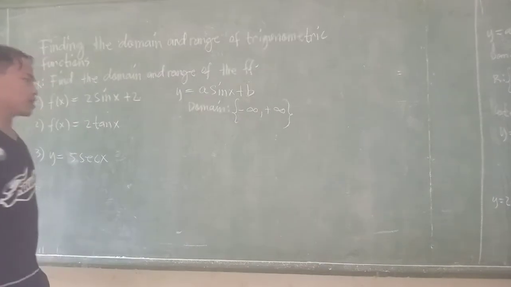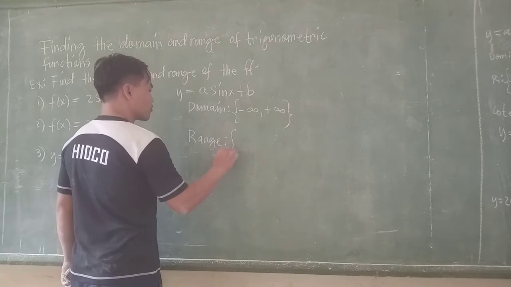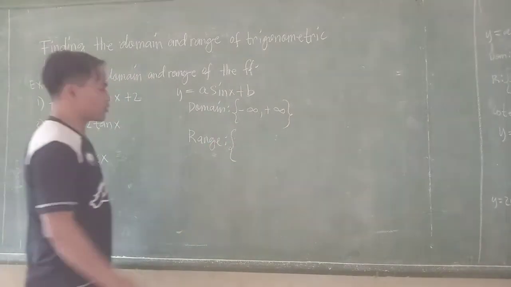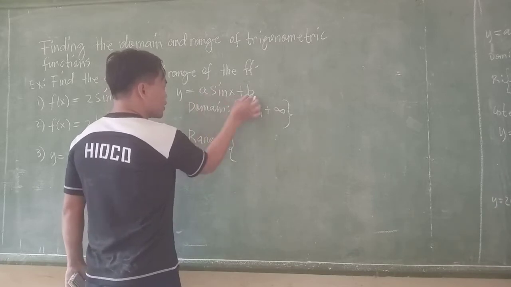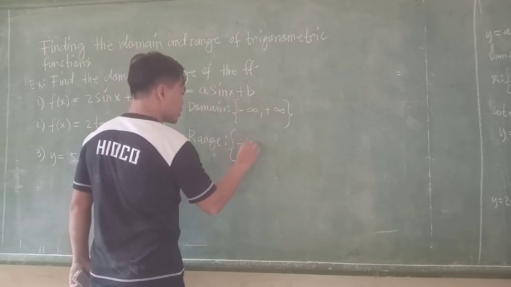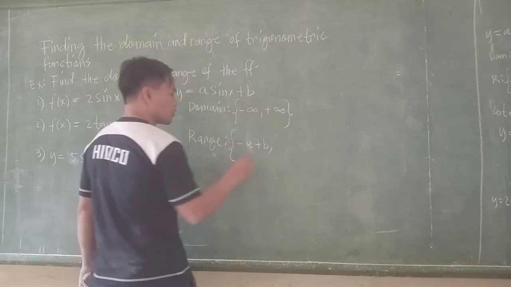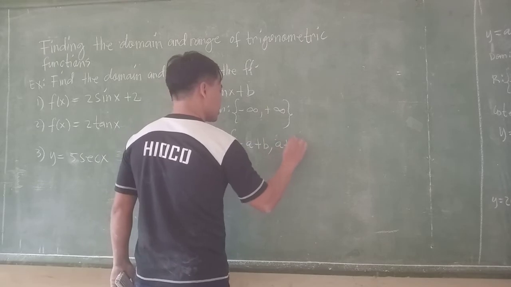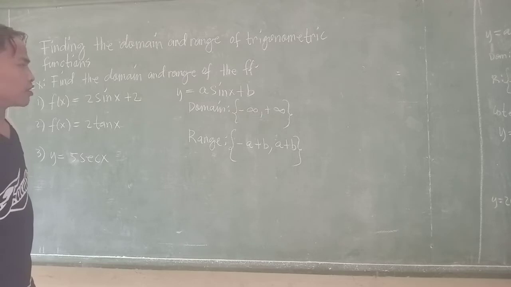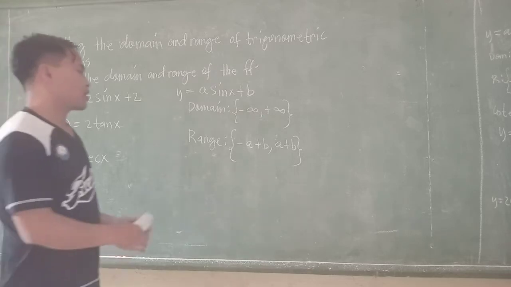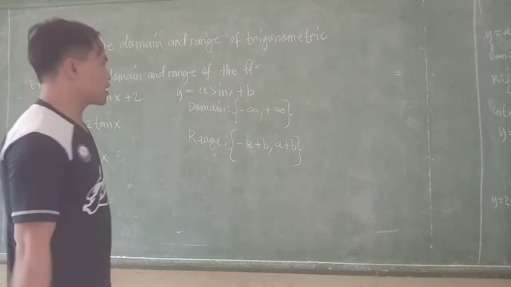But for the range, we will have to base it on a and b: from negative a plus b to a plus b. So that will be the pattern on how to find the domain and the range of sine and cosine functions. The range for secant is found the same way. They only differ in the domain.